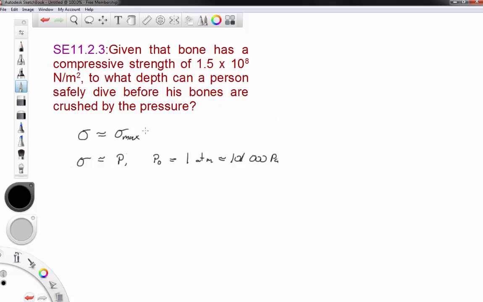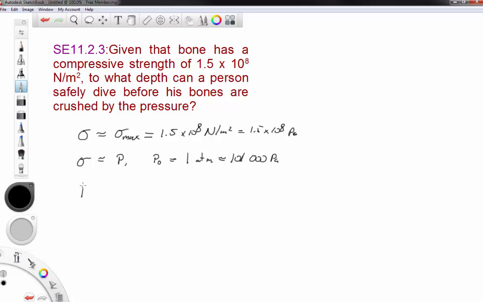This unit right here says that P max is 1.5 times 10 to the 8 Newton per meter squared, or if you'd rather, that's 1.5 times 10 to the 8 pascals is the equivalent unit.